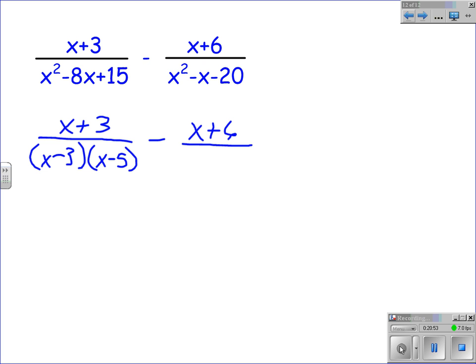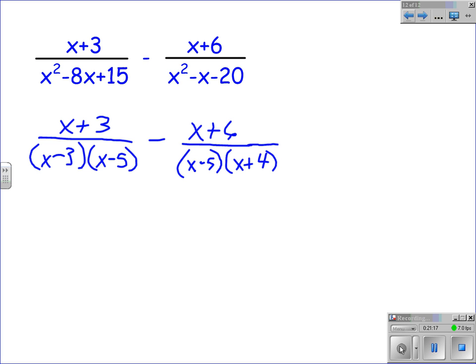Alex? X minus 6 and x plus 5. 6 and 5 give you 20 here? 6 and 5. X minus 4. X minus 4. Well, let's think a little more. Brandon? X plus 4, x minus 5.